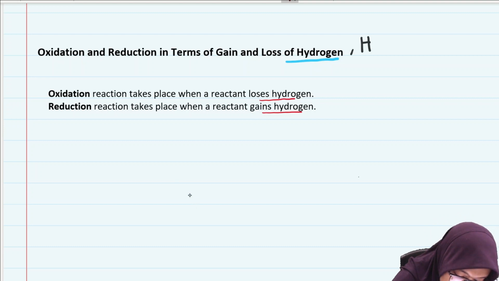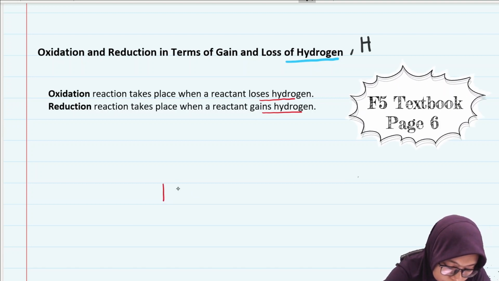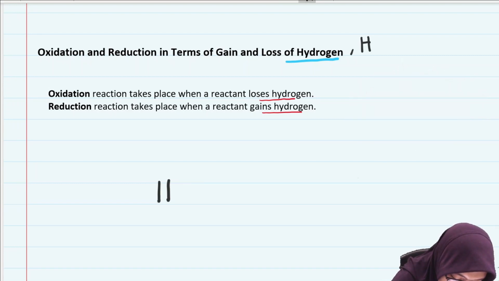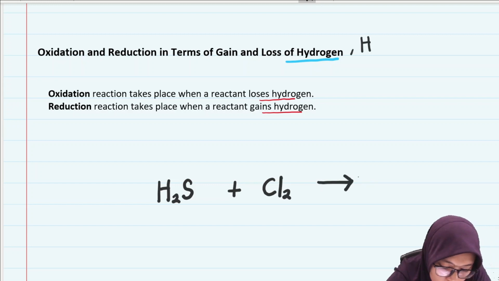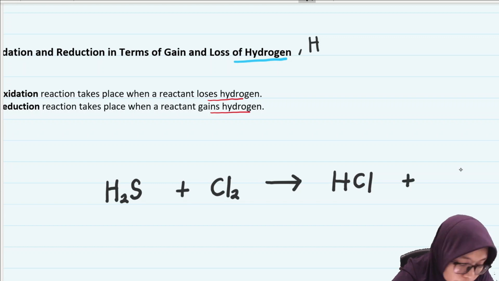Sekarang kita tengok examples. Example yang saya boleh bagi adalah reaction between hydrogen sulfide and chlorine molecule. The reaction will form hydrogen chloride and also sulfur.